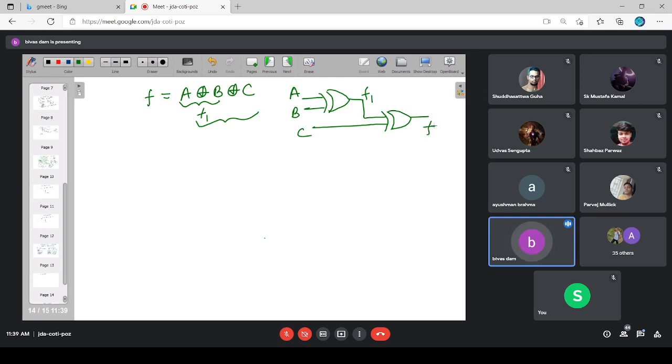Okay, there may be other possibilities also. There may be other possibilities also. So is it clear or not, this cascading? Yes, sir.